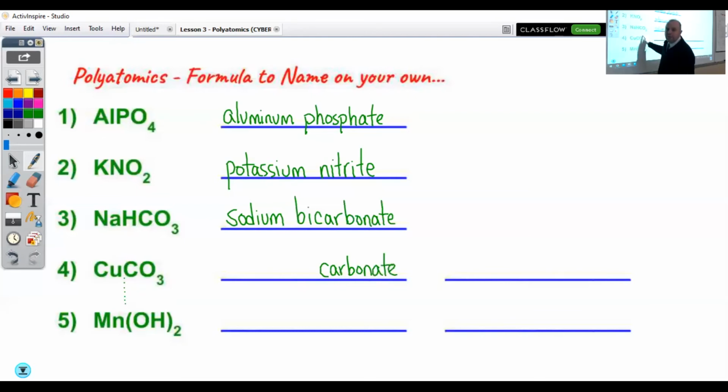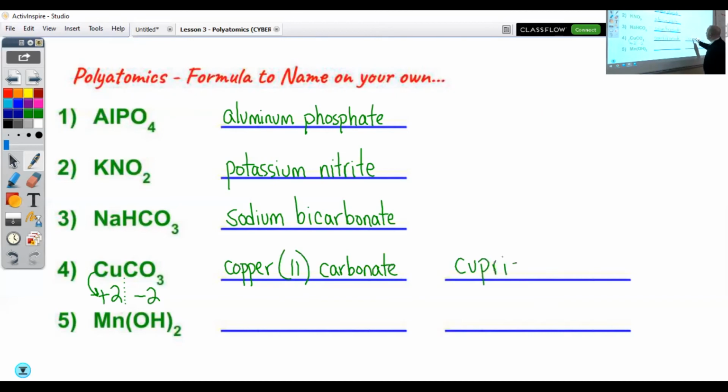There are no parentheses here, so we have just one copy of carbonate, and the charge on it is -2. That means the left side of this is going to have to be +2, and thus, with only one copper holding that +2 charge, I have copper(II) carbonate, also known as cupric carbonate.